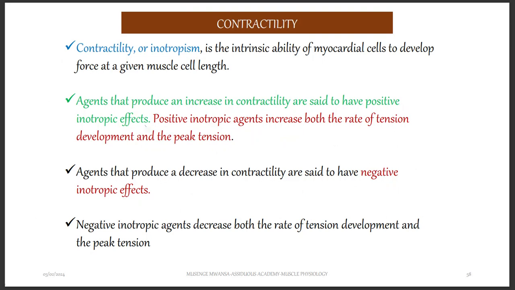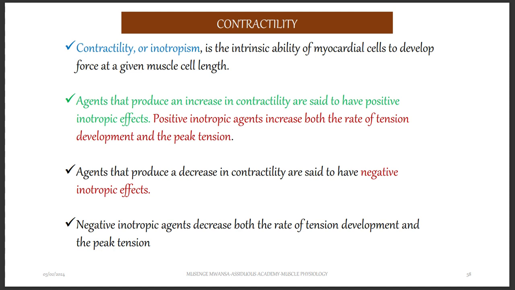Okay, let me talk about that again now. Contractility. Contractility is what we also call inotropism. It's the ability of myocardial cells to develop force at a given muscle cell, to be able to contract, that is developing force. Agents that promote or produce an increase in contractility are known as positive inotropic agents.